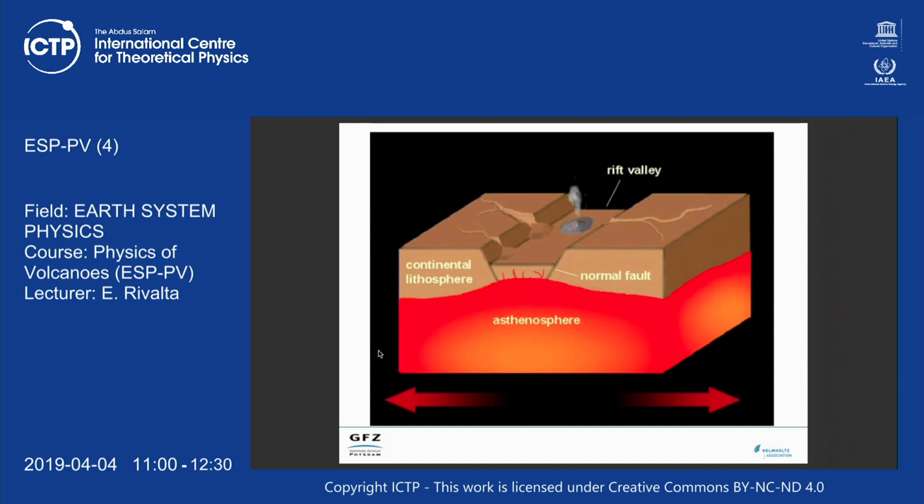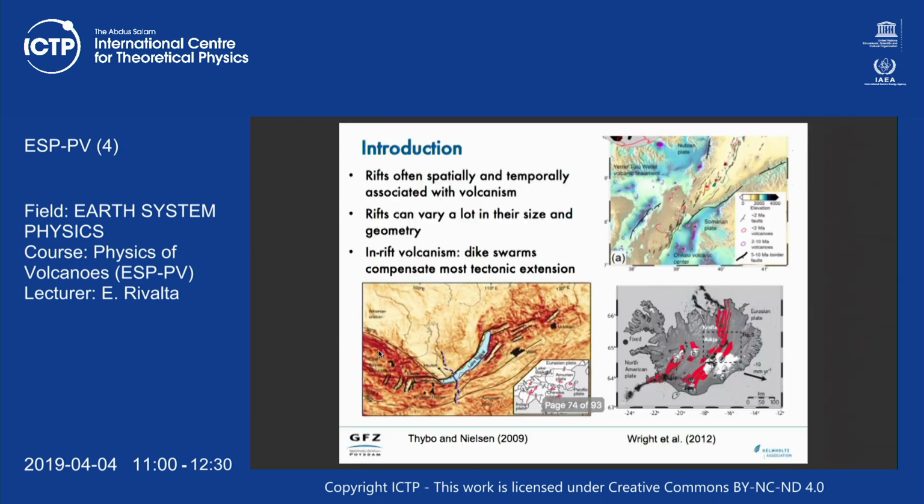However, this is not the case, and I have a couple of pictures. This is again Ethiopia, and actually a lot of volcanoes are in the Rift Valley, but they are the very young ones. Because if you look at the very old ones, they are actually at the side of the rift.